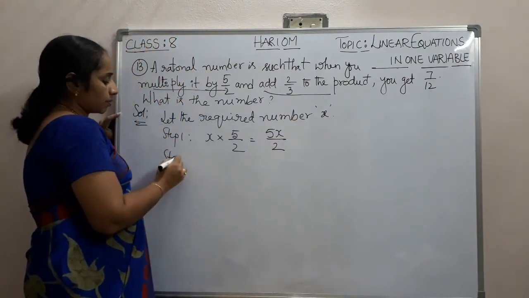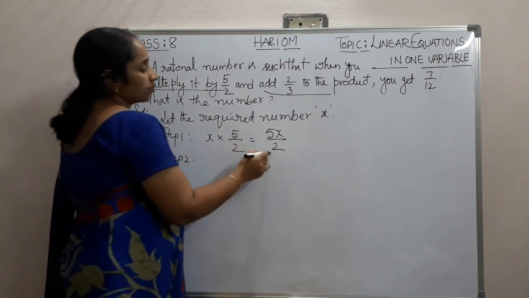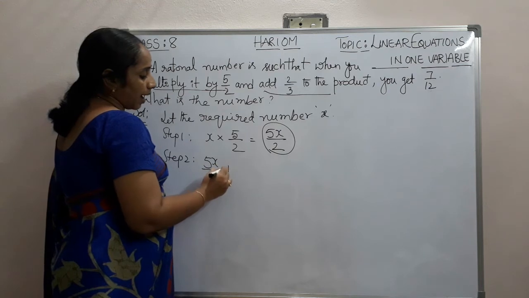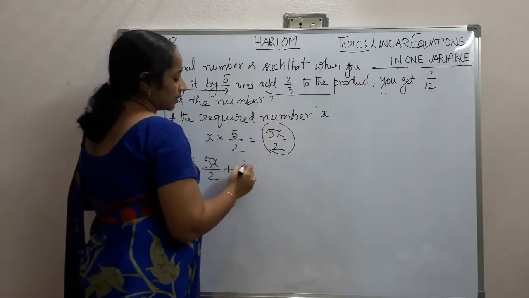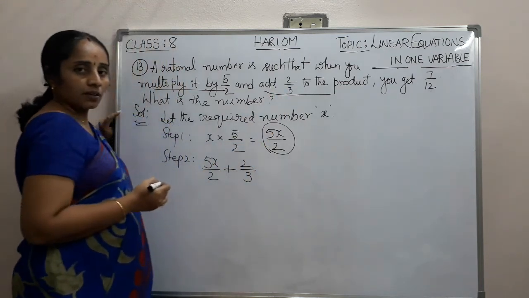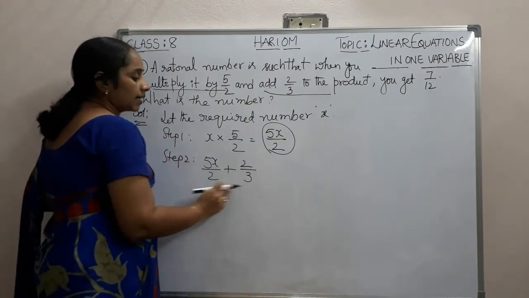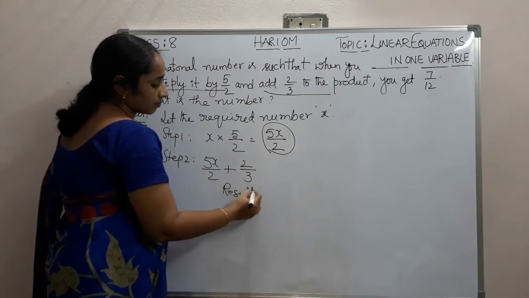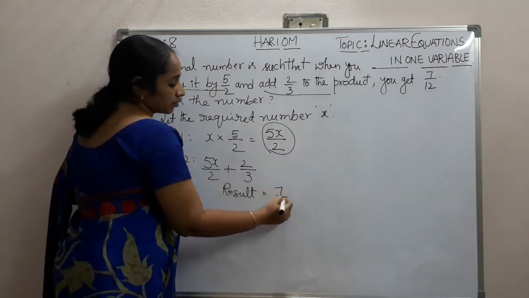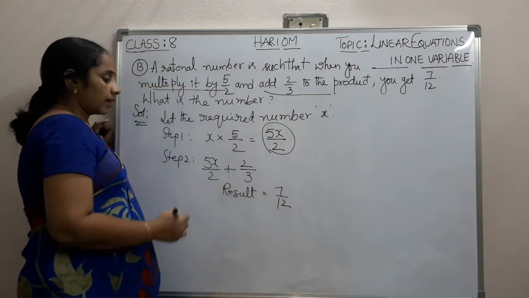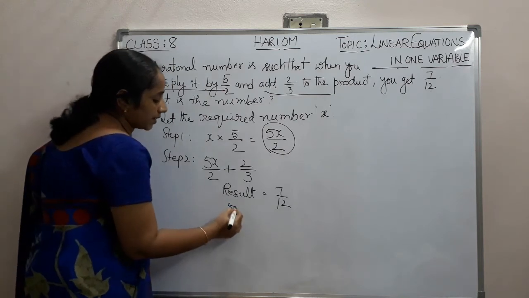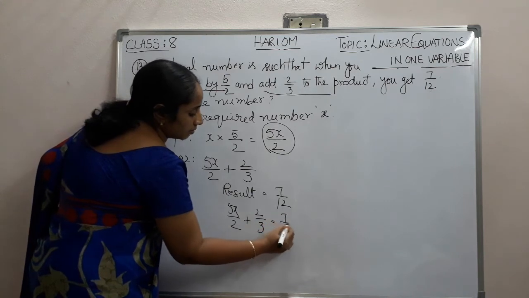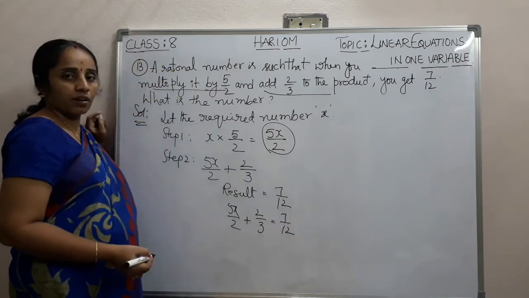So in step 2, to this product, they said to add 2 by 3. Okay? And this result is given as 7 by 12. Now 5x by 2 plus 2 by 3 is equal to 7 by 12.